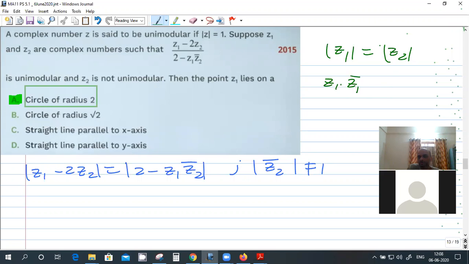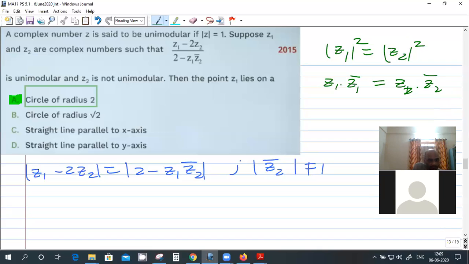If two complex numbers have equal mods, then the squares are also equal, right? And square of mod is z into z conjugate. Because this is say r1 square, and this is r1 into e to the power i theta, and this is r1 into e to the power minus i theta. So that is same as r1 square, z2 into z2 bar.